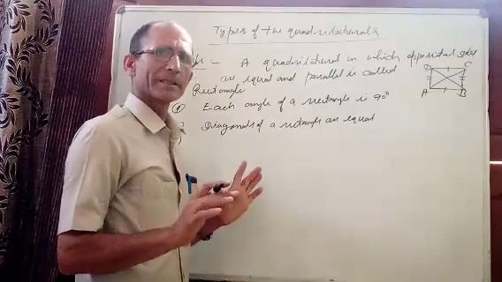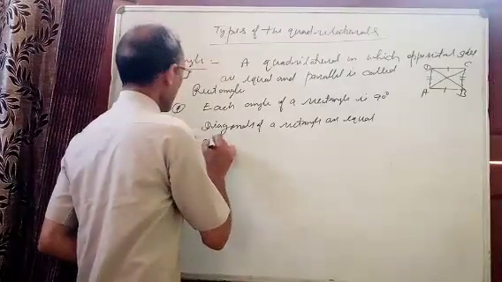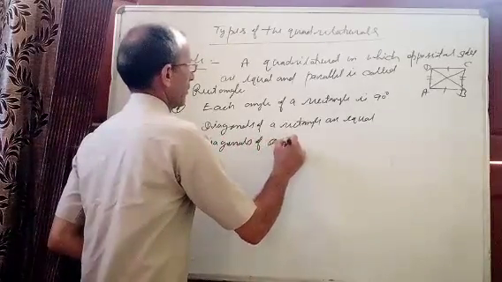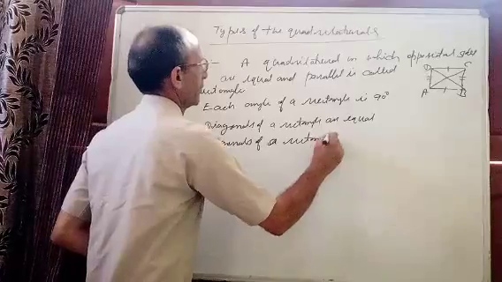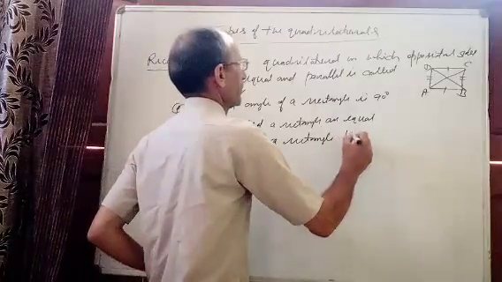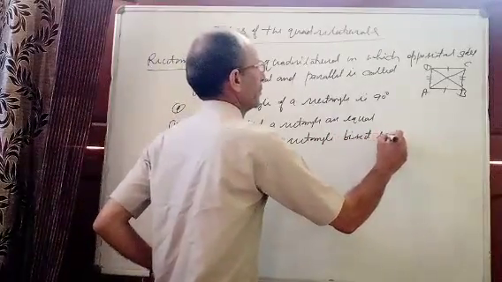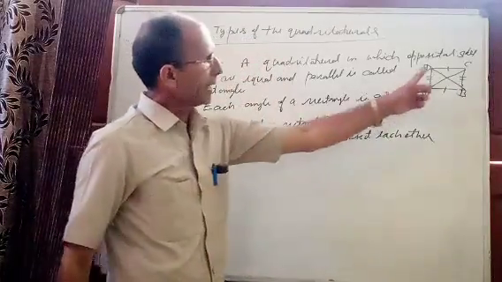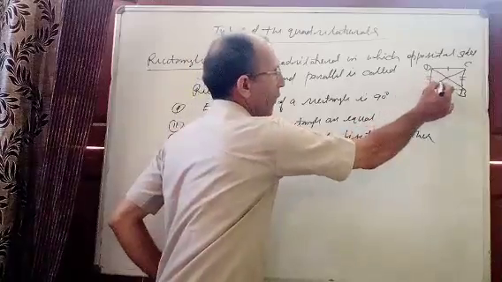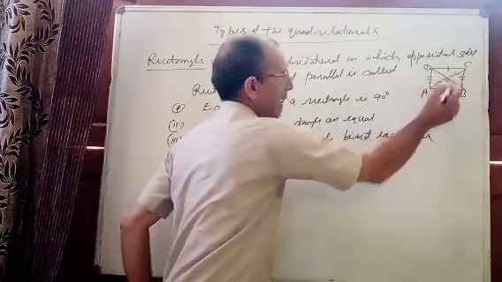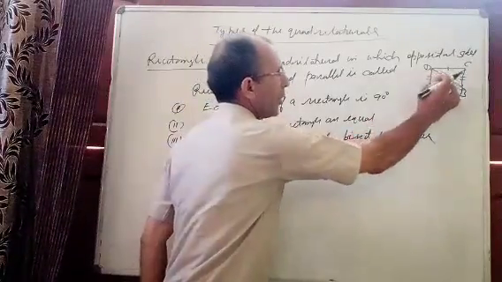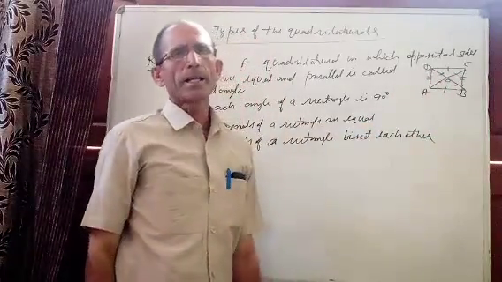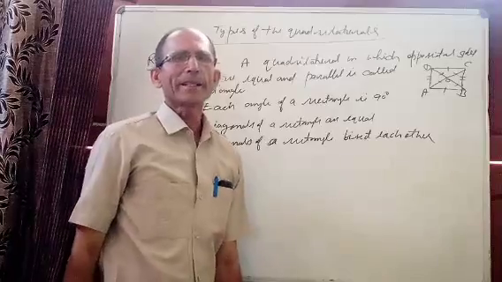Only bisect. So this is a rectangle and these are the diagonals. Diagonals of a rectangle will bisect. Suppose the intersecting point is O. So OA is equal to OC and OB is equal to OD, because diagonals of a rectangle bisect each other.